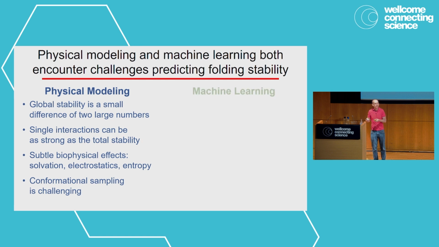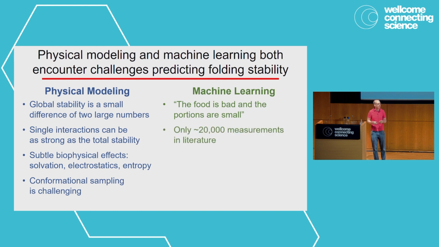Now, jumping over to the machine learning side and why protein stability has been so hard to understand through machine learning, I think this can be summarized by the joke that the food is bad and the portions are small. It's been difficult to measure stability, and there's been a limited amount of stability data that people could use to train machine learning models on.